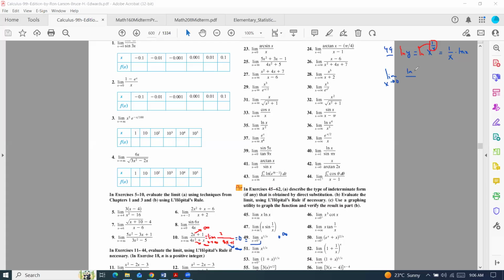So ln x when x approaches 0 and 1 over x. Please notice this is going to be, what about ln x?